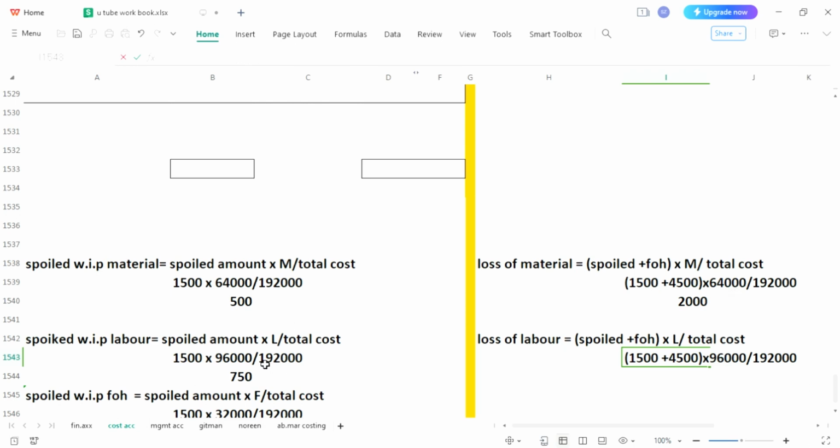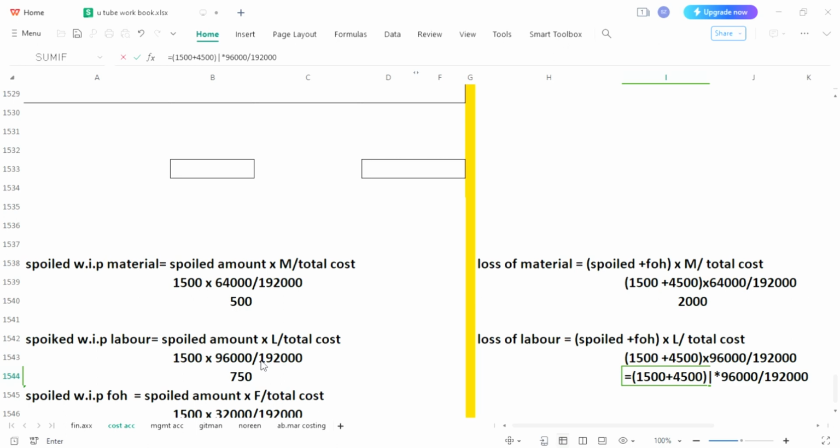Statement is completed. Now put it on calculator. 1500, then add 4500, multiply it with 96,000 divided by 192,000.